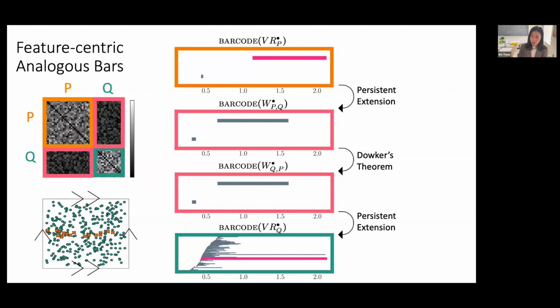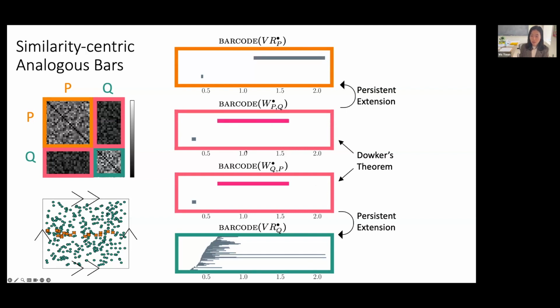Another way to go about this problem is we start with the witness barcode in the center. So the fact that we have one long bar in the witness barcode indicates that we have some kind of shared feature among P's and Q's. We start with that, and then we use persistent extension to find this representation in the very top and the bottom barcodes.